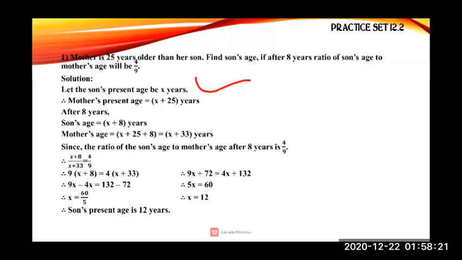So after 8 years, what will happen? His age will become x plus 8, and mother age will be the present age x plus 25, plus 8 more, because after 8 years we have to add plus 8. So it will become x plus 25 plus 8, which is x plus 33.